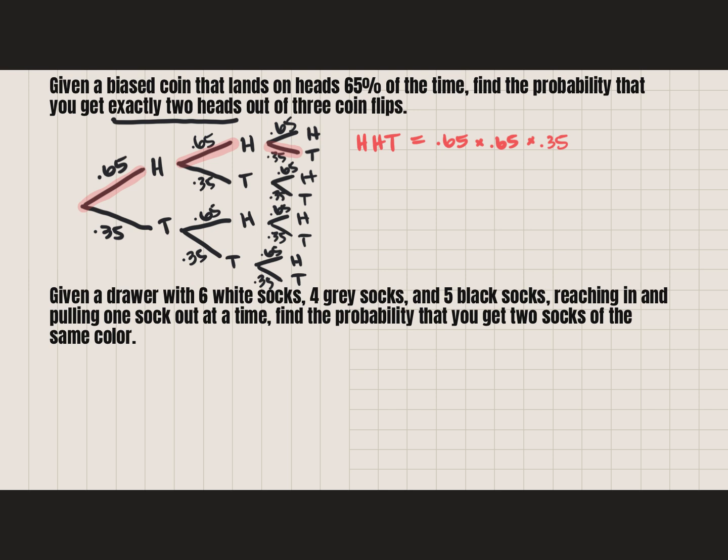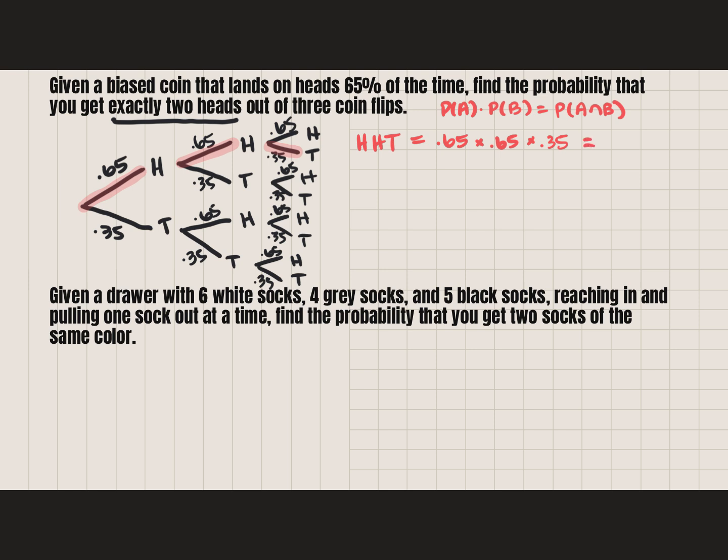So really the formula I'm technically using here is probability of A times probability of B equals their intersection. I'm just using that with 3 events rather than only 2. Okay, so probability of the first event was 0.65, probability of the second event was 0.65, probability of that third event was 0.35.